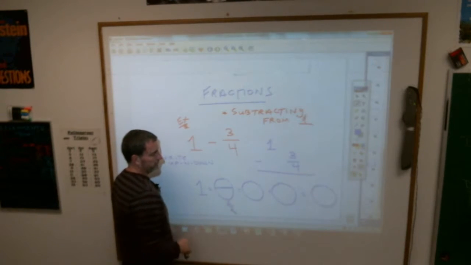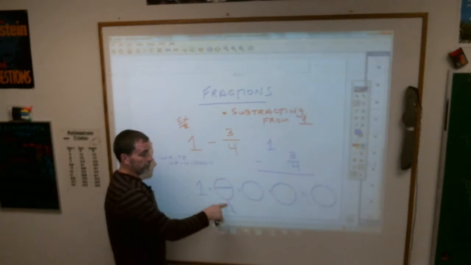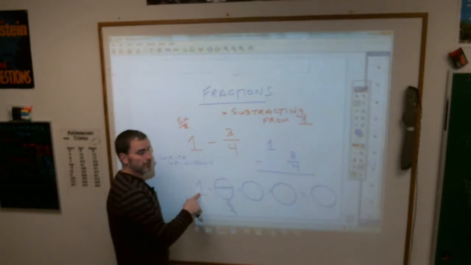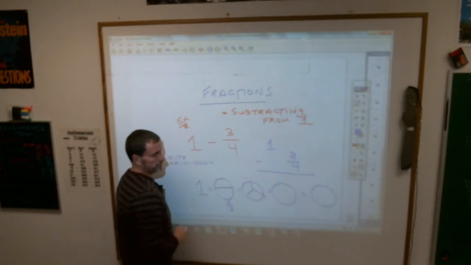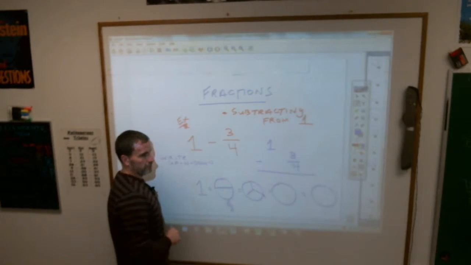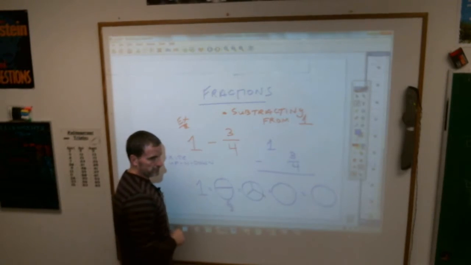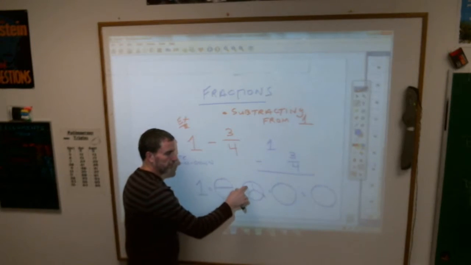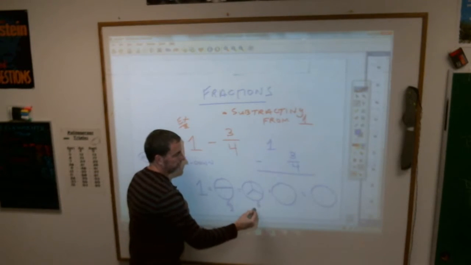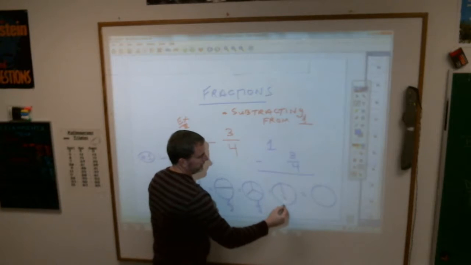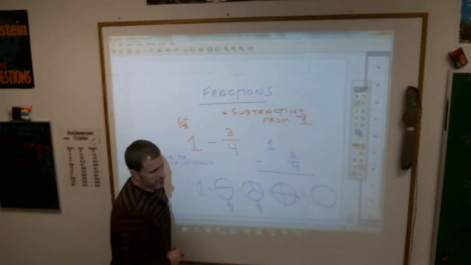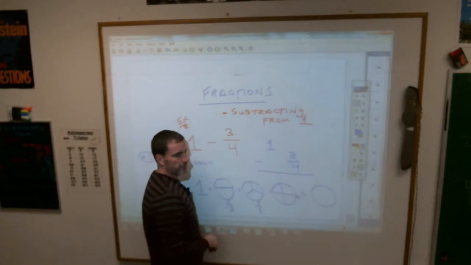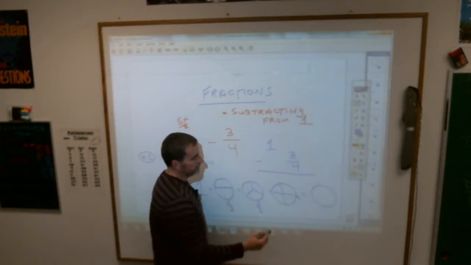So if I cut it in half and I have both halves, I have the whole circle, which means I have 1 circle, correct? If I cut my circle into thirds, how many thirds do I have to make up a whole 1? 1, 2, 3. If I cut it into 4 pieces, how many pieces make up 1? What fraction makes up 1? Yep, 4/4.